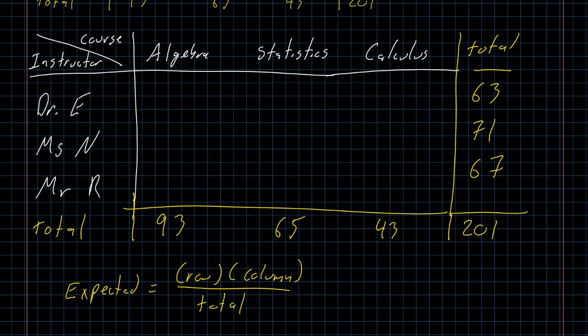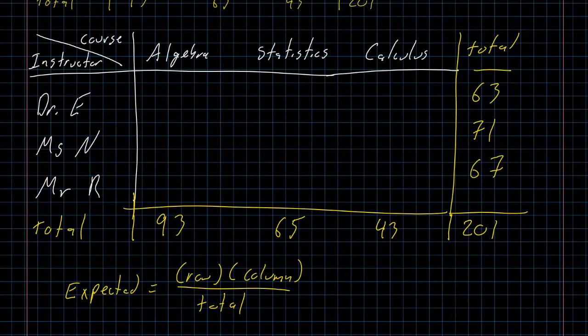And to find the expected value of each entry, I'm going to multiply the total for the row times the total for the column divided by the grand total. Let me write that out for one example first, and then let's talk about why we choose that value.